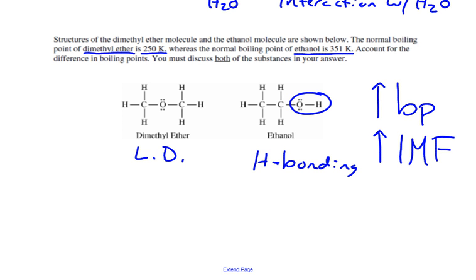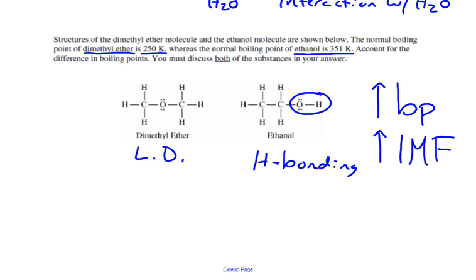The intermolecular forces of attraction among molecules of dimethyl ether consist of London forces and very weak dipole-dipole interactions. Ethanol, sorry, I think I skipped a line. Start over here. Ethanol can form hydrogen bonds between the H of one molecule and the O of a nearby ethanol molecule.